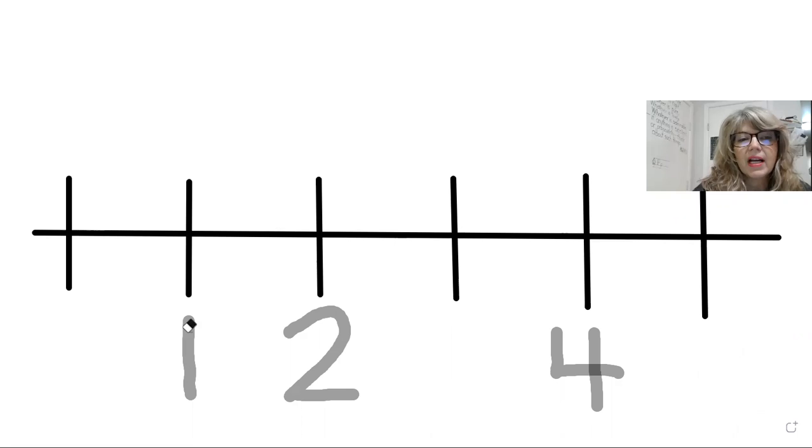Okay, if this is a 1 here, but there's one more number that could go here. If we go backwards, what is smaller than 1? What is smaller than 1? 0, yes. 1, go back 1, take 1 away, 0. We know a 0 goes there.